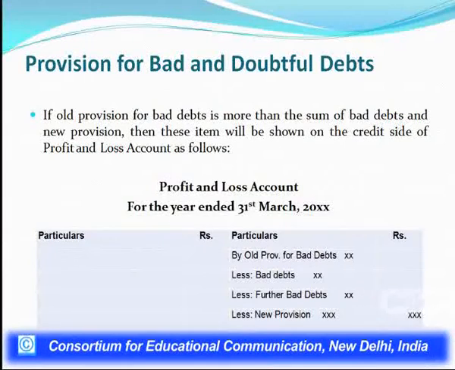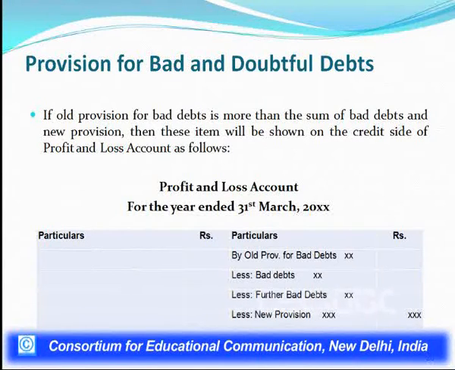Sometimes the amount of old provision given may be more than the sum of bad debts given in trial balance, bad debts given in adjustments, and the new provision. In that case, these items will be shown on the credit side of profit and loss account.